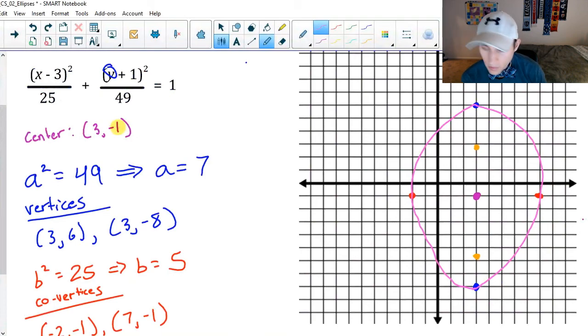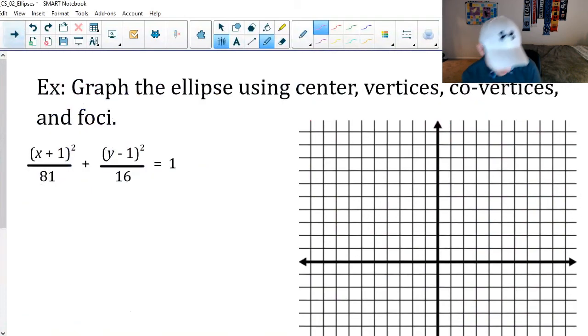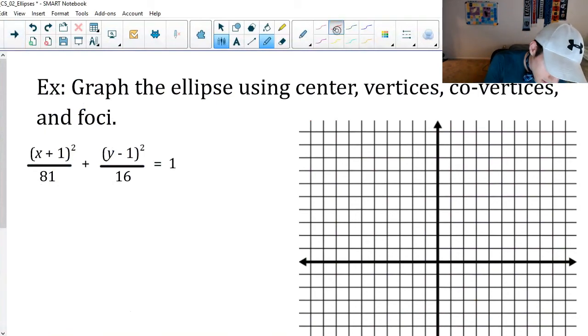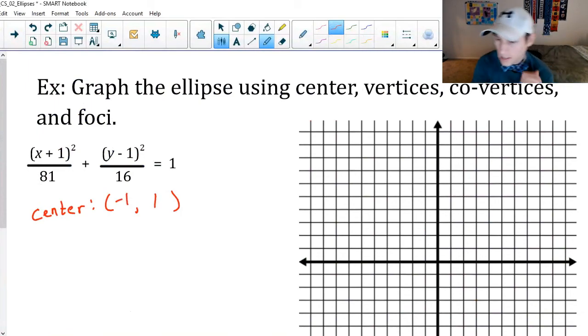All right, let's graph one more. So same exact setup: let's just practice finding the center, vertices, co-vertices, and foci, and then putting it all together for a nice sketch. Starting with the center, it'd be -1, 1.